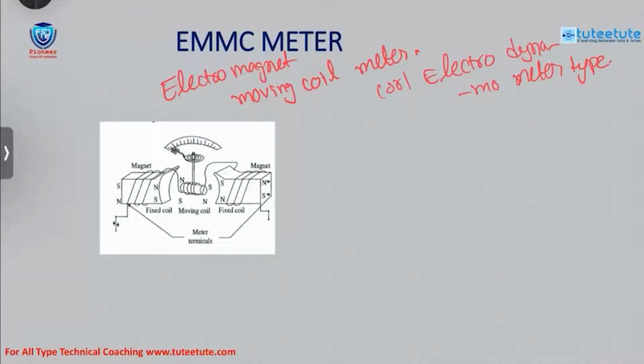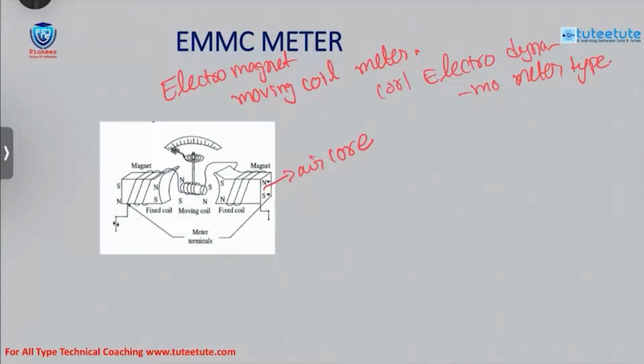Here we are going to use an air core. In transformers we use iron, that is a silicon core, to provide the path for the flux. But in a dynamometer type we use an air core.